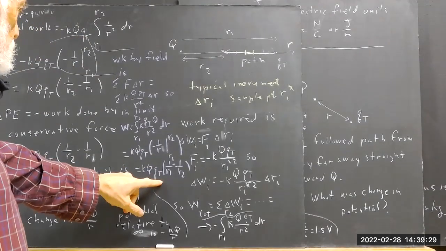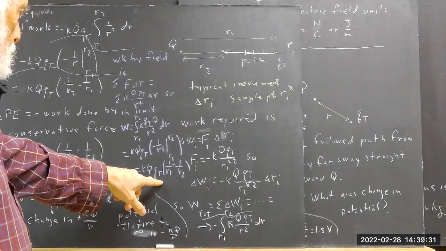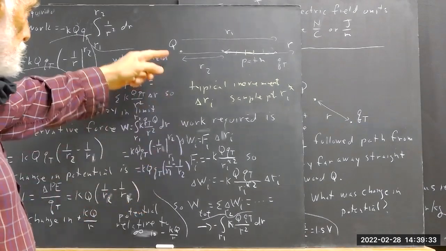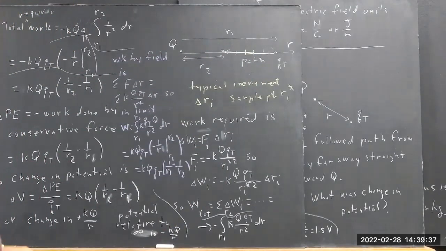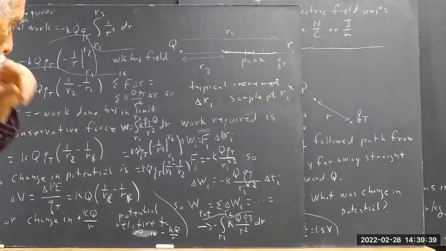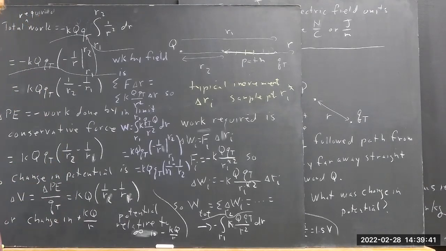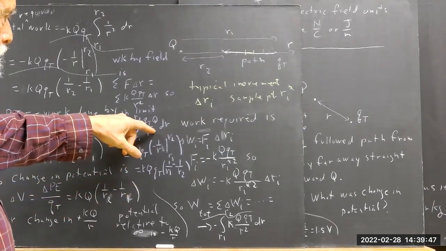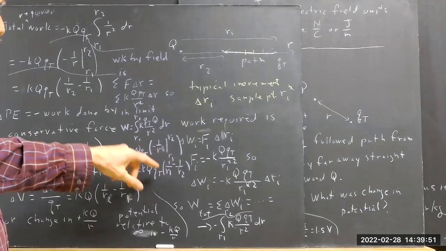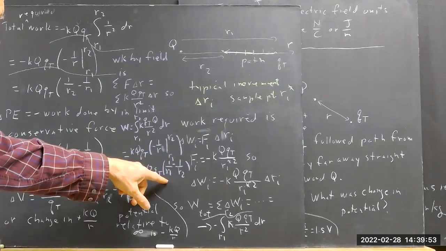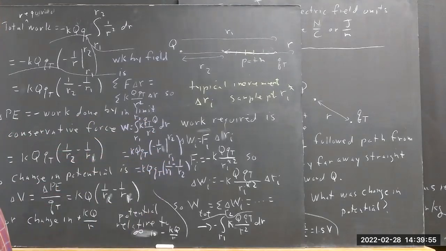This is the work done by the conservative force, being the work done by the field of the charge Q in this case. Make sure that's right. Substituting R2 gives me a negative 1 over R2. Substituting R1 gives me a negative of the negative 1 over R1, which is 1 over R1.